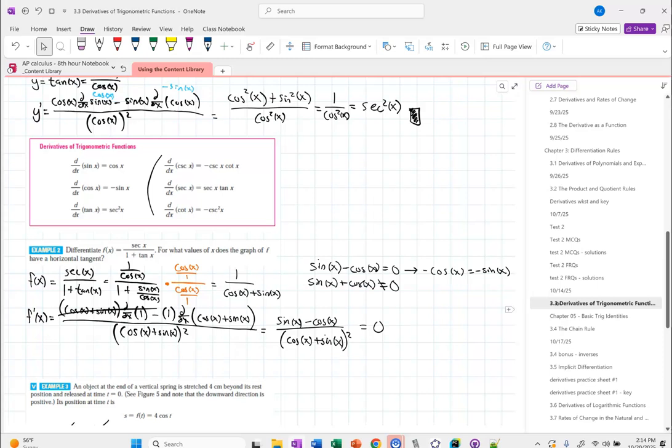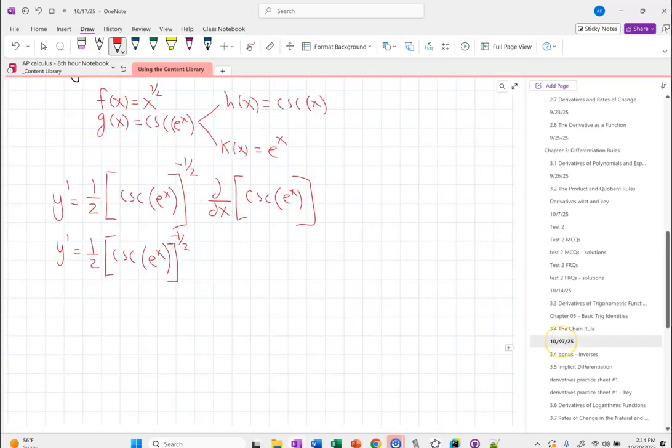You do need to memorize this, 100%. The way I remember it is, this has got a sine in the denominator. That one has a sine in the denominator. The two with sines in the denominator stay together. I don't know if that helps at all, but that's the way I think about it. Go back to this. So we're going to have negative cosecant e to the x times cotangent e to the x times the derivative of e to the x.